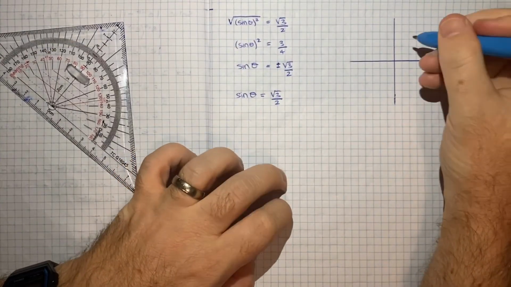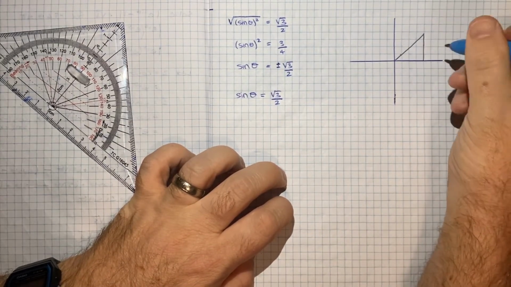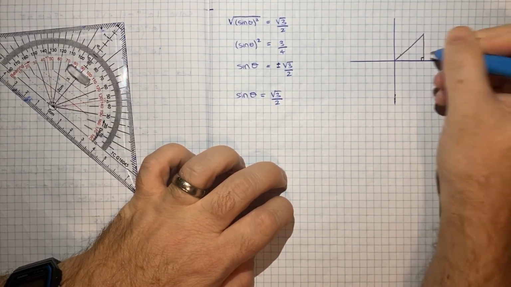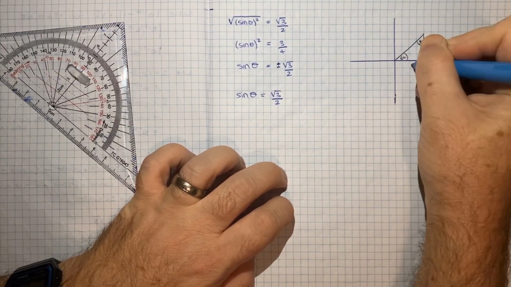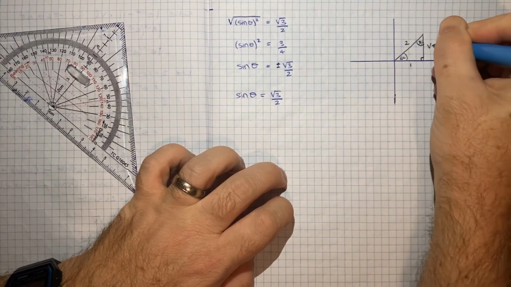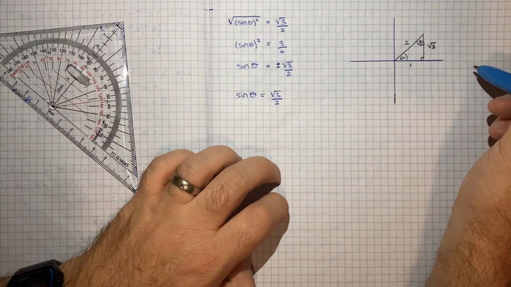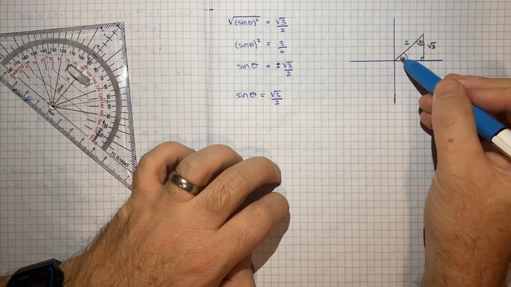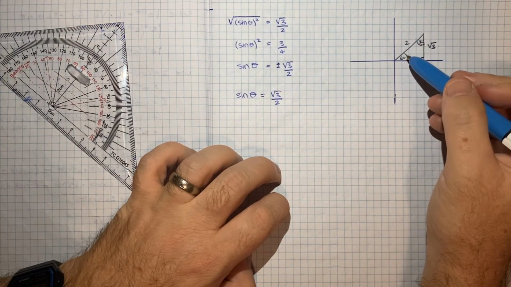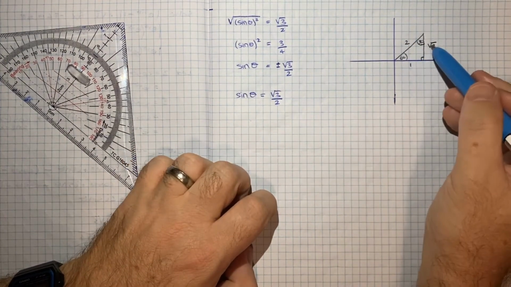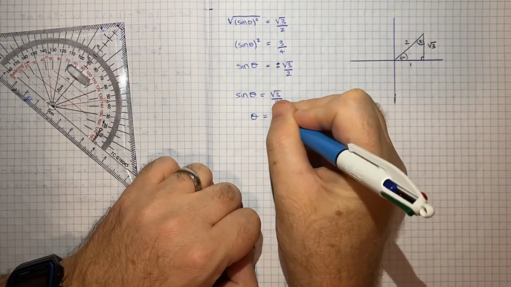We know from our basic triangles that it's a 90-degree triangle, and if you go 60, 30, you'd then go 1, 2, root 3. Hopefully that's a common triangle you've committed to memory. So if we look at the sine of 60, opposite over hypotenuse, sine theta would equal root 3 on 2. So that would give us theta equals 60 degrees.